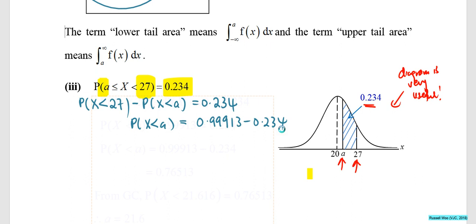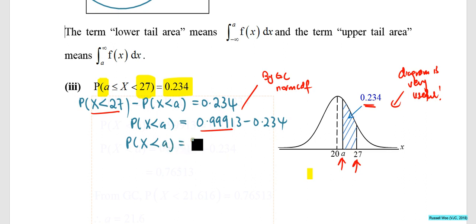This is by GC, just normal CDF. Which means now I need my upper bound area, lower bound area. Probability X smaller than A, you will get 0.76513. Just take note, make sure that your intermediate step must be 5 SF.